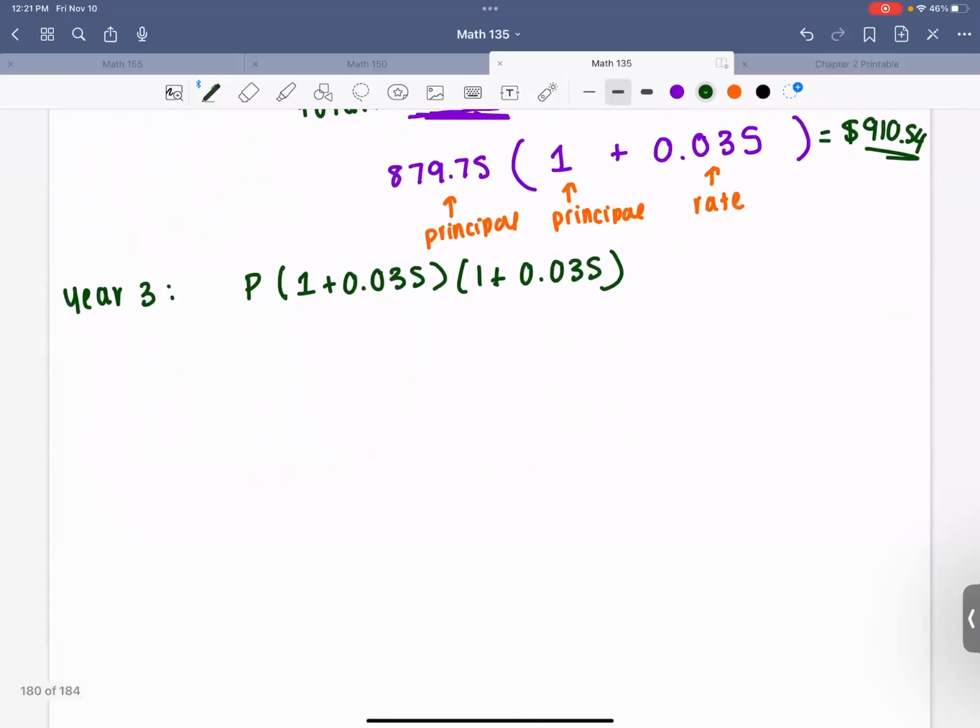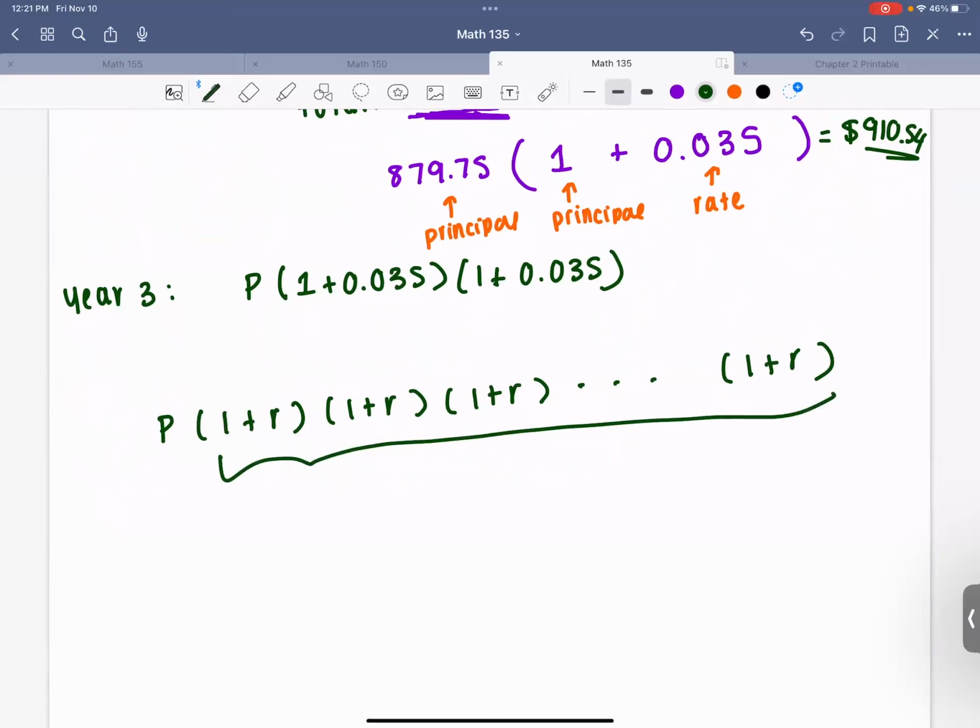But I think you can kind of see that if I wanted to do a millionth year or something like that, I do 1 plus r, 1 plus r, 1 plus r, all the way to 1 plus r a bunch of times, right? Well, whenever we multiply something by itself a bunch of times, that means that we have an exponent, right?